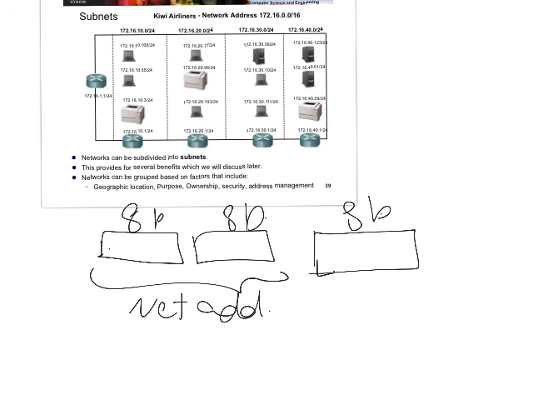Or 256, but usually the first 0 is not used, and we'll talk about why. Okay? Then if we divide it into 255 networks, then we have left only 8 bits, right? Which leaves how many hosts per network we could have? 255 hosts. Yeah. So that's how we do subnetting.